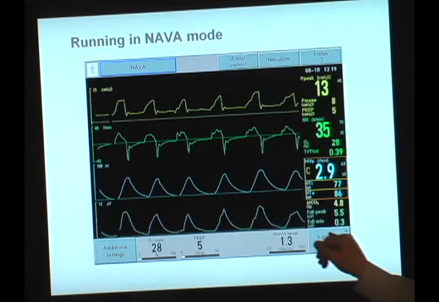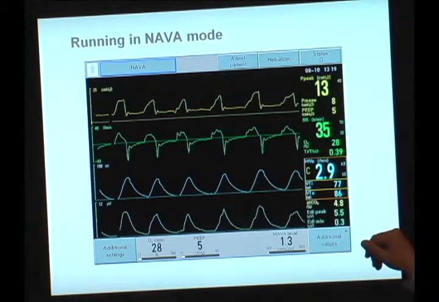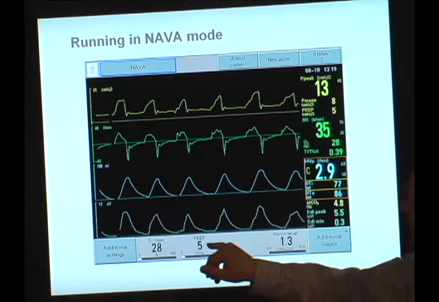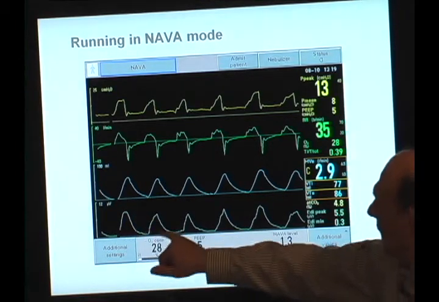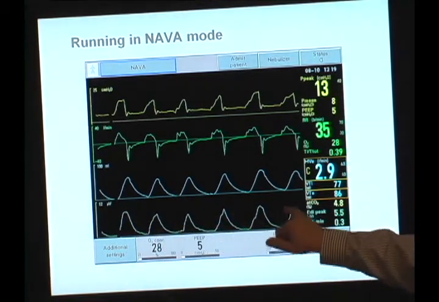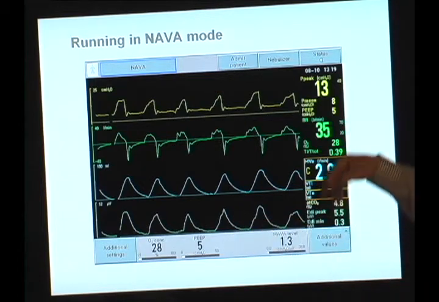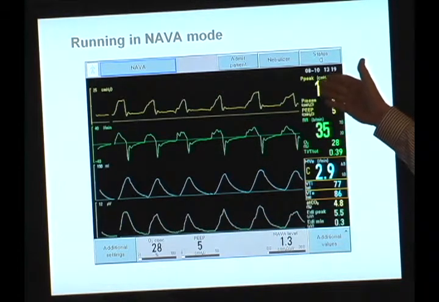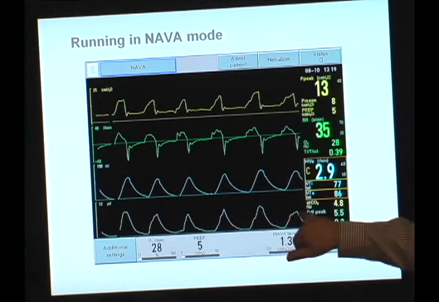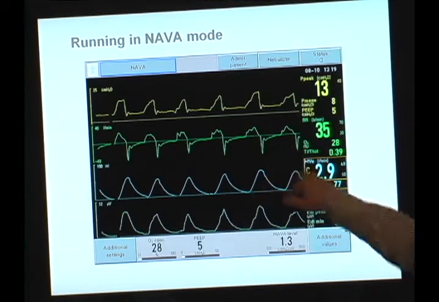And now we run with Nava mode, and as you can see, this is the EAdi curve, and the corresponding pressure applied to the patient has the same shape as the EAdi.